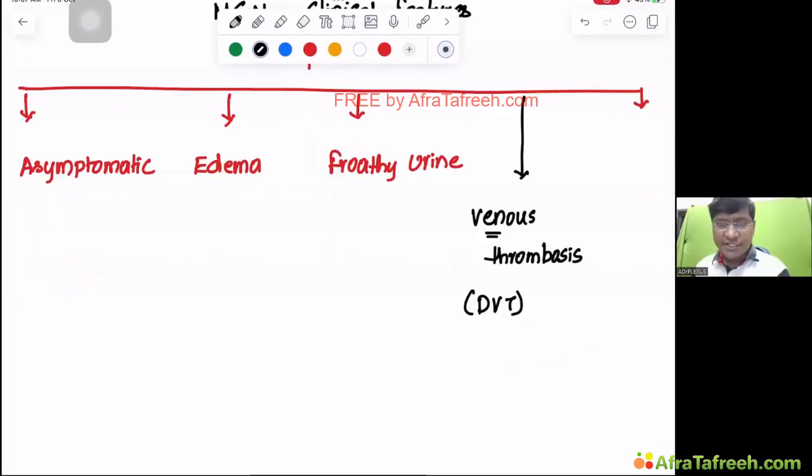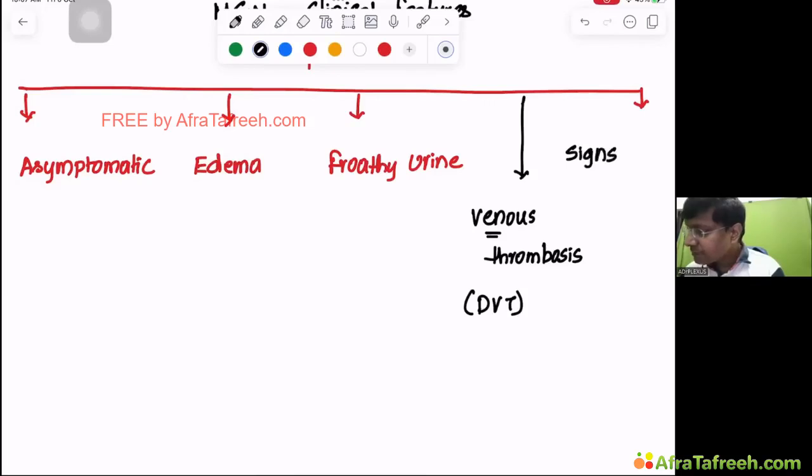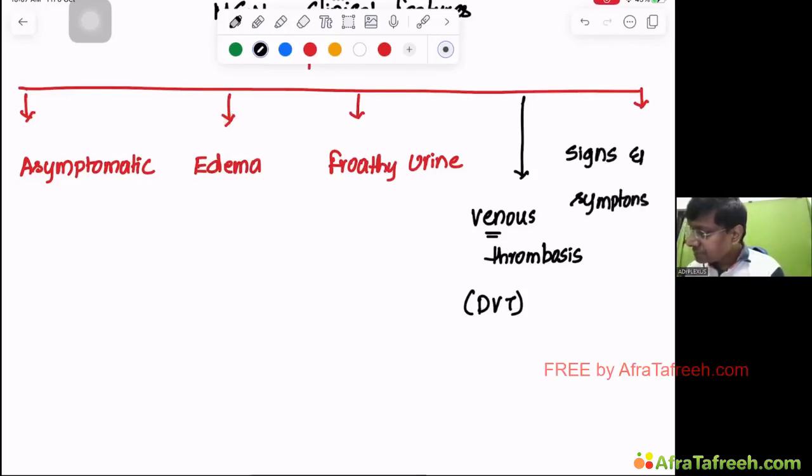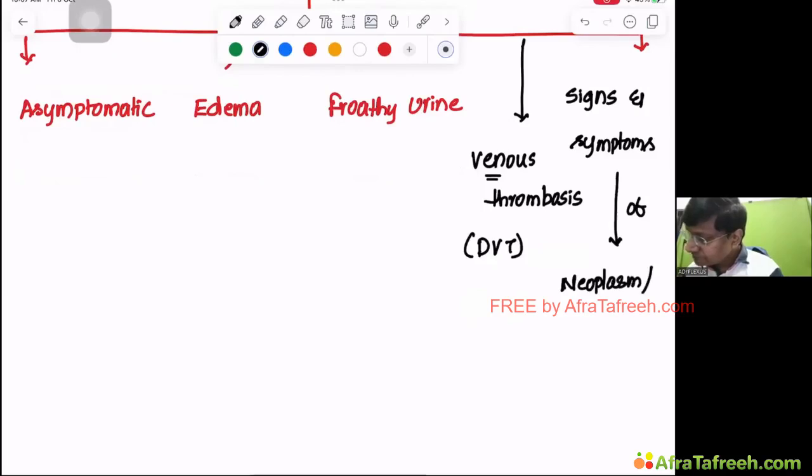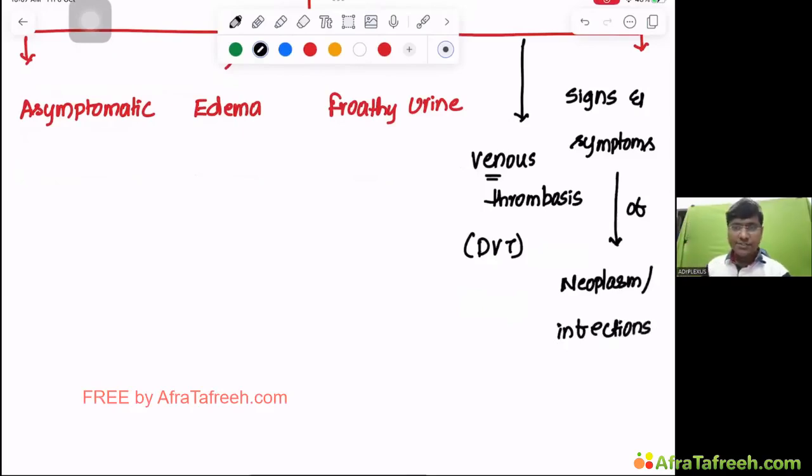Now, apart from that, these patients will have signs or symptoms of an underlying infection or neoplasm. Right, signs and symptoms of neoplasm or infections, underlying infections and underlying neoplasms.